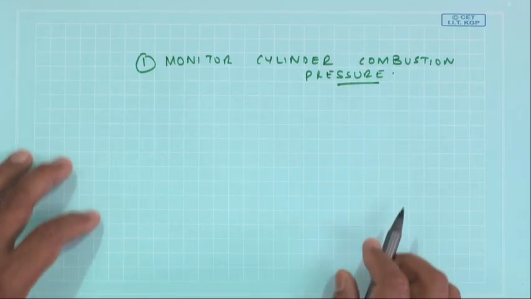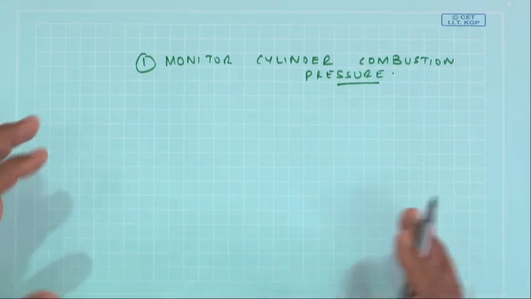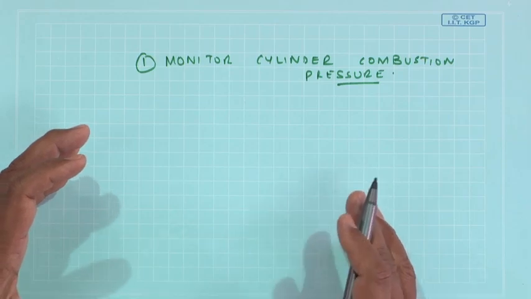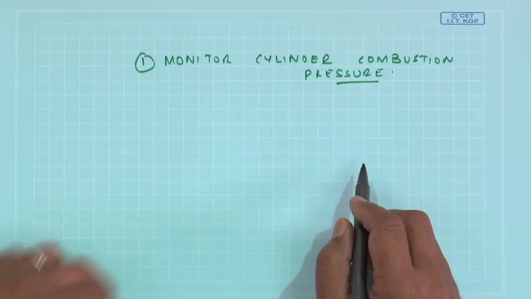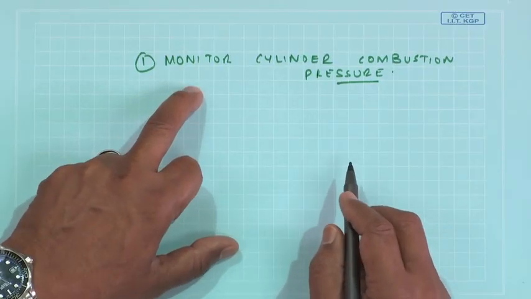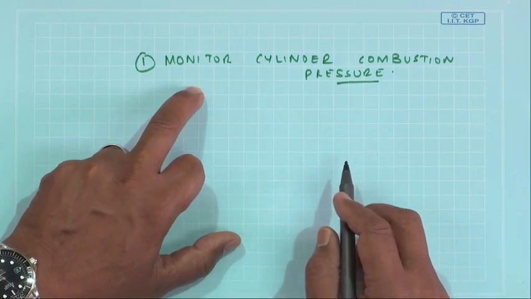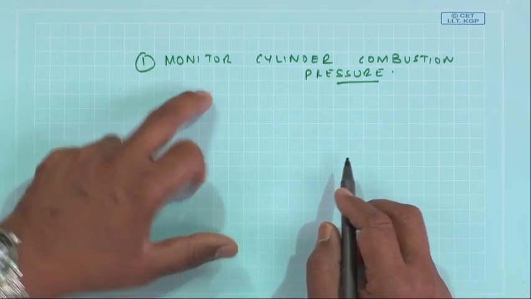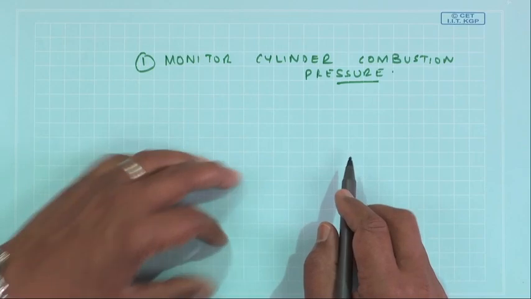But as you know, the combustion takes place inside the cylinder, and the cylinders are held in the engine block, and there are high forces. So, to measure the cylinder pressure, we actually have to put a pressure sensor inside the cylinder, which can withstand the high pressures and high temperatures which occur inside the combustion chamber.